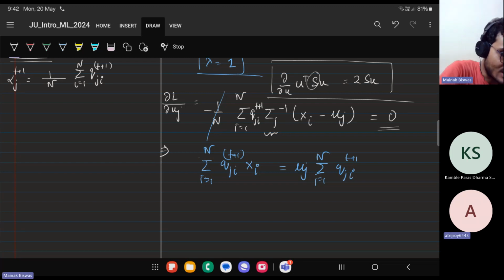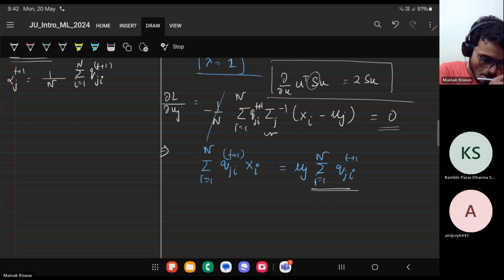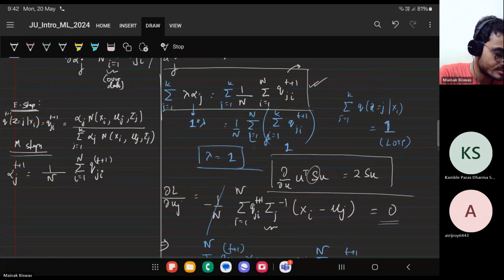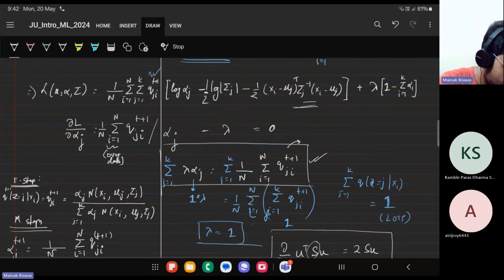So what is this value? This summation over i of q ji, I have already written it.